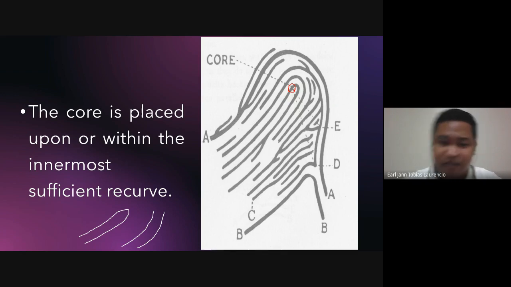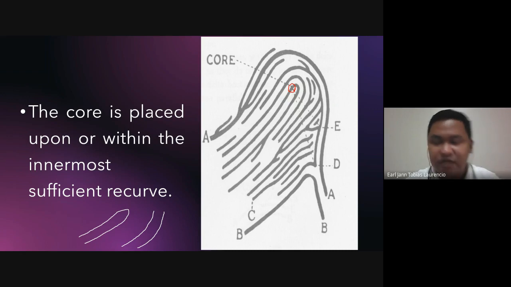If the innermost ridge is a sufficient recurving ridge, we will imagine the recurving ridge as if it has no shoulder. We will treat it as if it was separated. No shoulder at all.